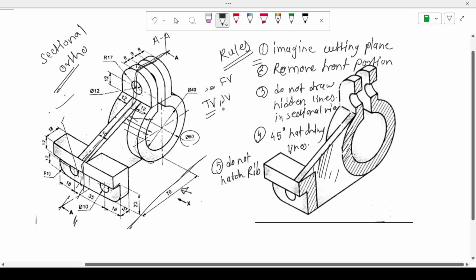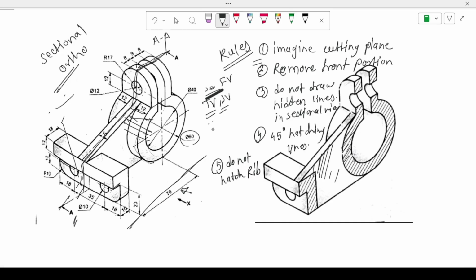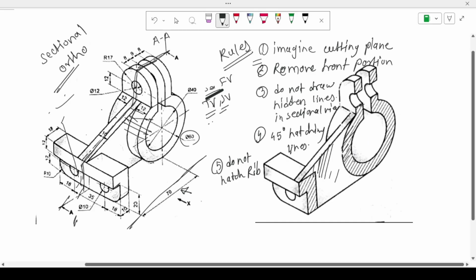In the top view and side view there are hidden lines, but in the sectional front view there are none. If you have to draw the sectional top view or sectional side view, there are no hidden lines either. Okay, because whenever we cut the object in sectional ortho, the internal details are clearly shown. So we get the internal details, so there are no hidden lines.